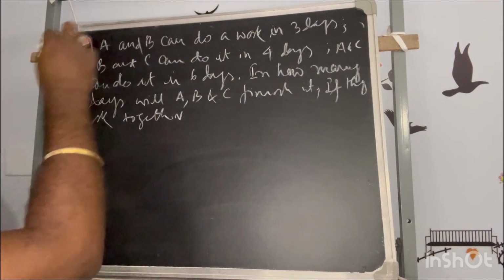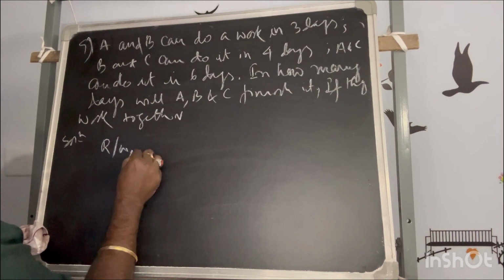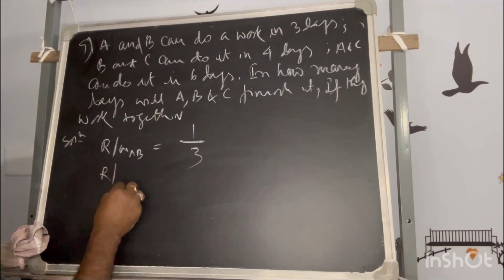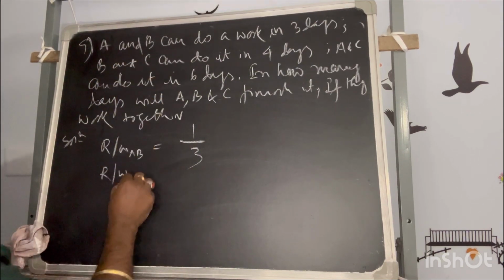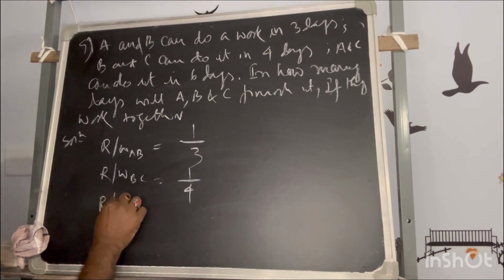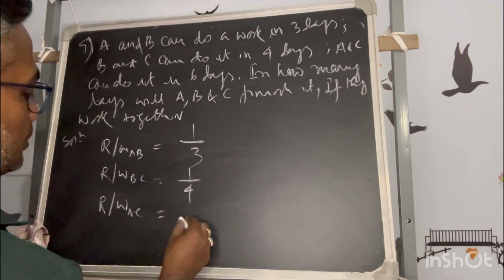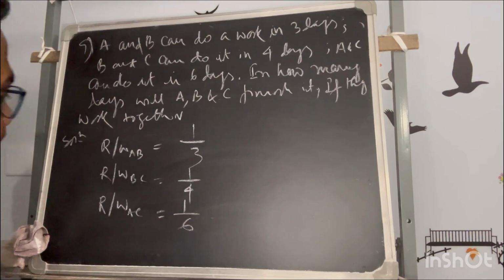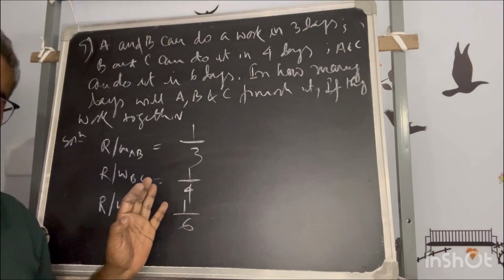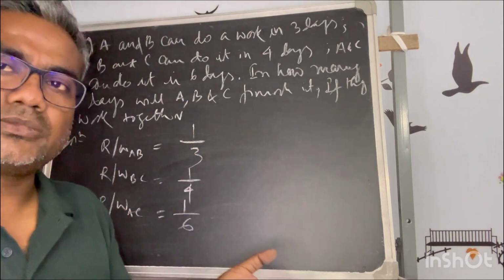So A and B can do a work, so the rate of work of A and B together is 1/3. Rate of work of B and C together is 1/4. Rate of work of A and C is 1/6. So now you see, there is just common sense. If you apply it, it will be very easy and you can easily convert it into the form that you need.